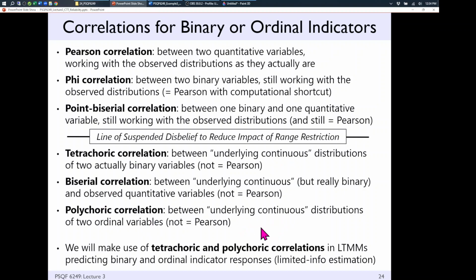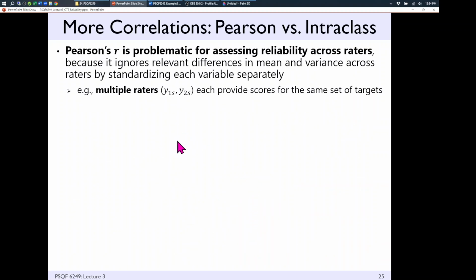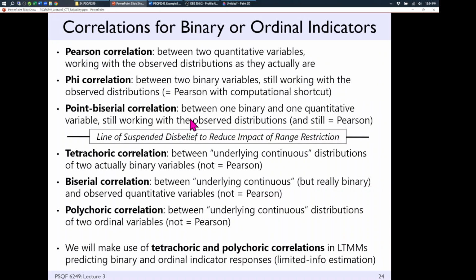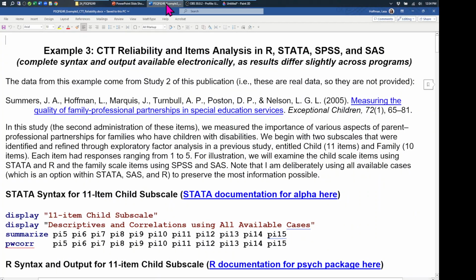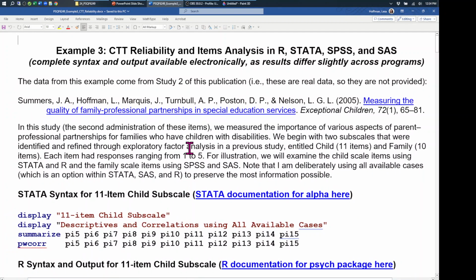And you'll get a chance to see this when you complete homework 3, in which I ask for Pearson correlations, and then homework 5, I would ask for tetrachoric or polychorics instead, so you can see how different your conclusions would be using different measures of association. All right, this is the point where I decided to transition to example 3 so that we could look at classical test theory item analysis as well as correlation matrices and alpha and the types of decisions that one might make.